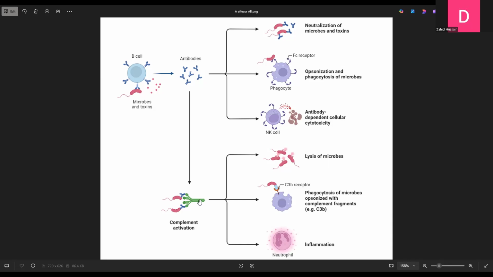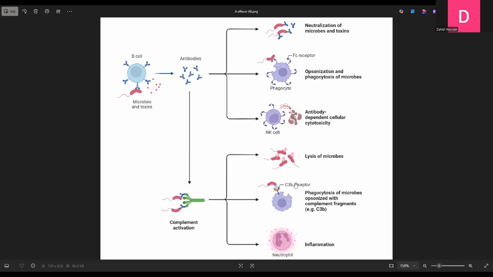So the first is the membrane attack complex. And the second thing is that when this complement activation will take place, it will form C3b, and the receptors for C3b are on the macrophages. So the C3b will bind with its receptors at one end, and at the other end it will mark this microbe.